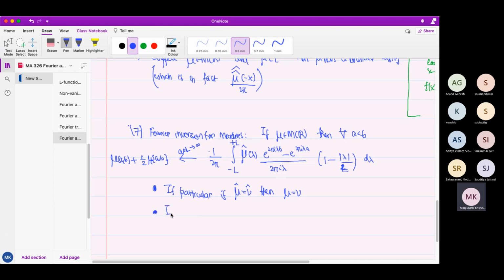Corollary 2 is that if mu hat is in L1, then we can just take L going to infinity here and apply DCT.